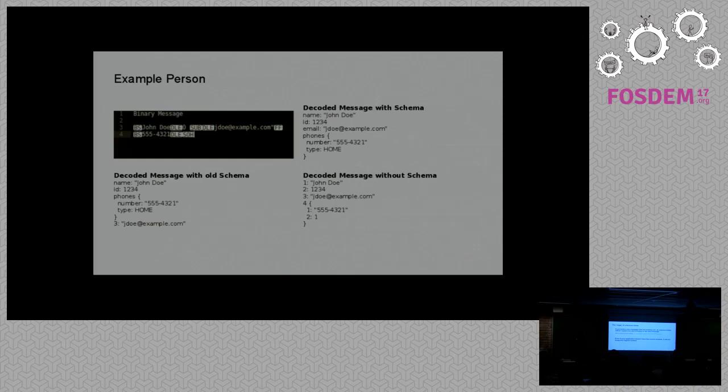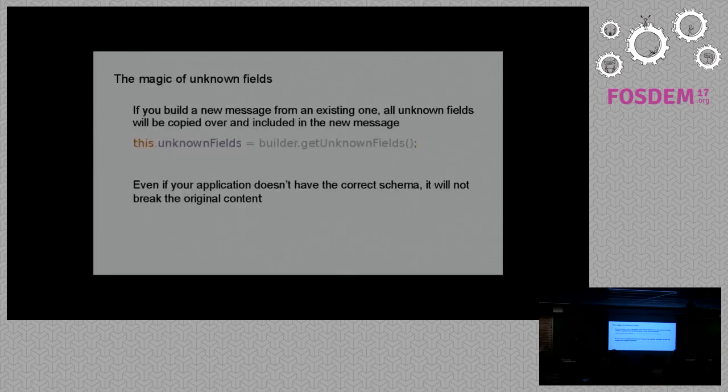Right. Another very cool feature are unknown fields. These are the fields that we don't know anything about. And not only can you read them, as I showed you with your schema, you can also pass them on. So if you read a message and you write it, create a new one from this one, then all the unknown fields that you can find in your original message will be copied over to the new one, which allows you to basically do things like decorations or extracting common fields or envelopes without needing to know the schema information of your original message.